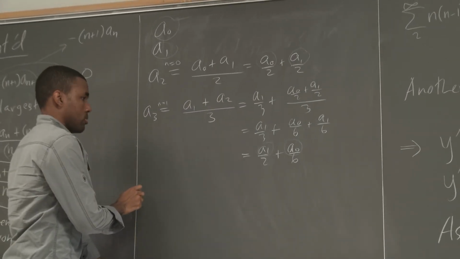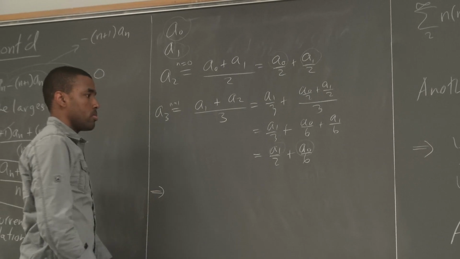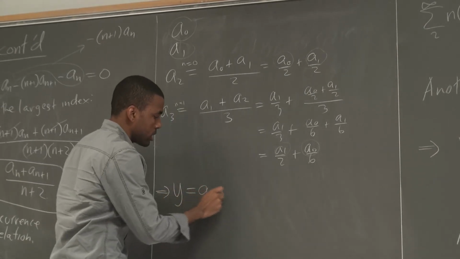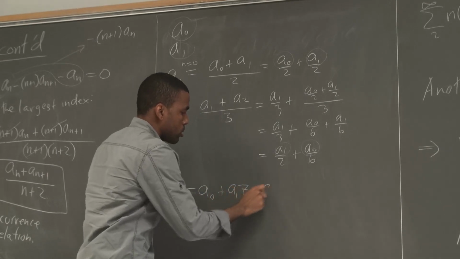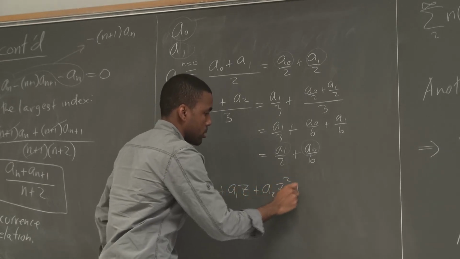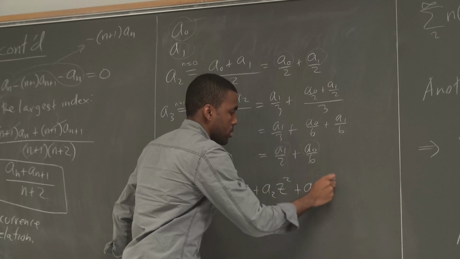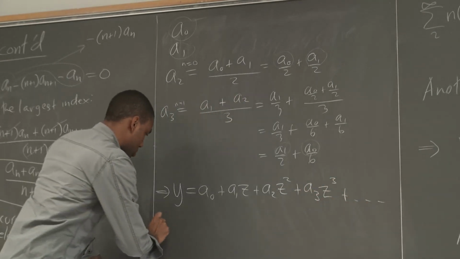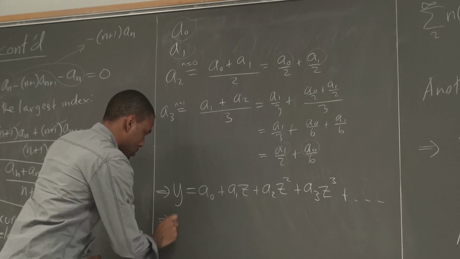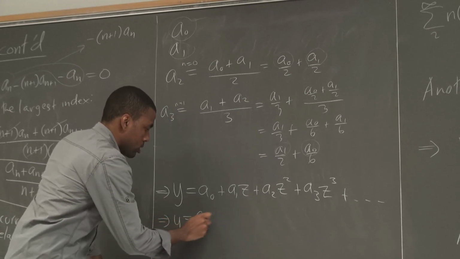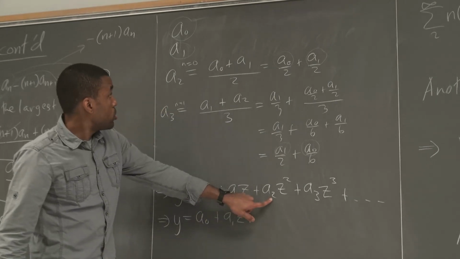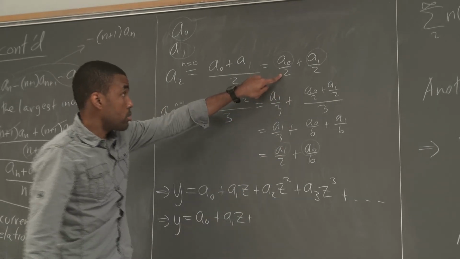So this means our y, remember what we said, we assumed it was a series. So this is what it looks like. A0 is itself, A1 is itself, A2 is now this, so I'm just going to replace it.